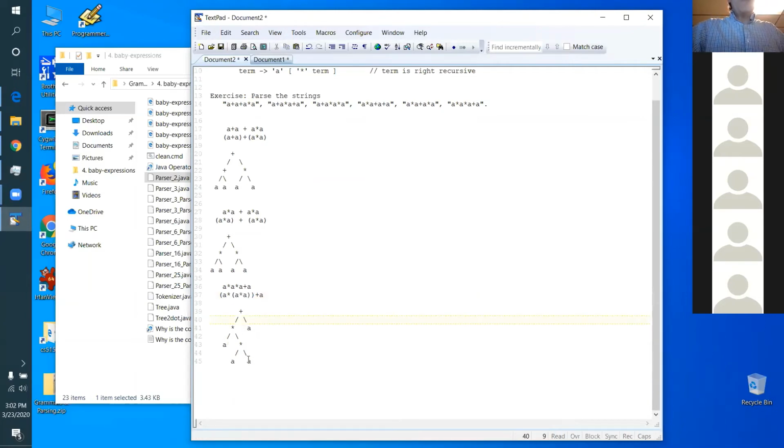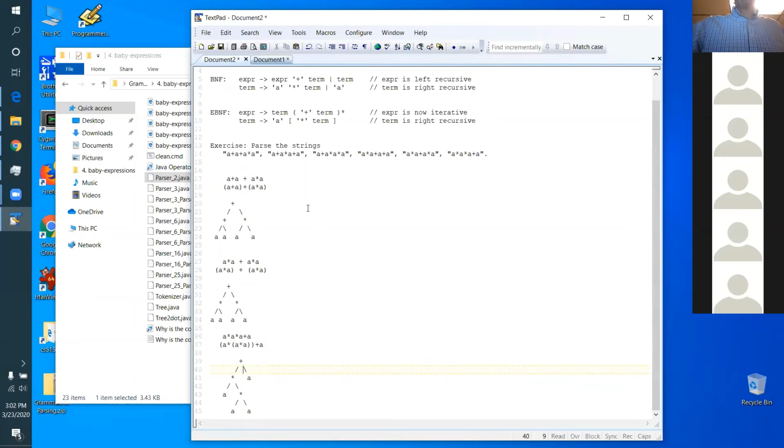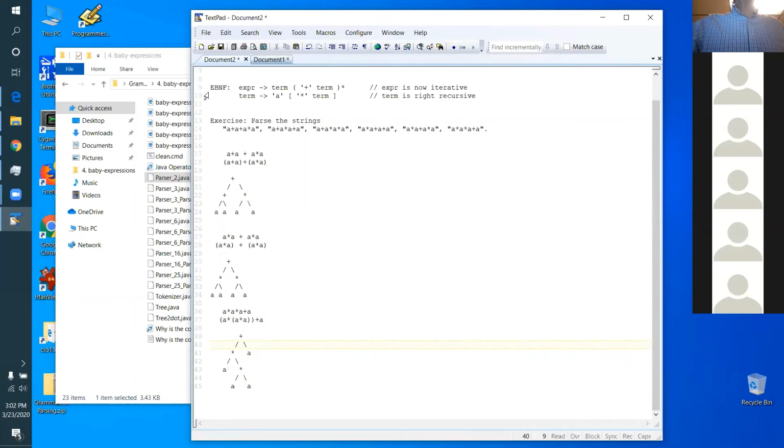Okay, now what about parsing this using the grammar? Okay, let's parse it using this grammar. All right, so an expression is a term.